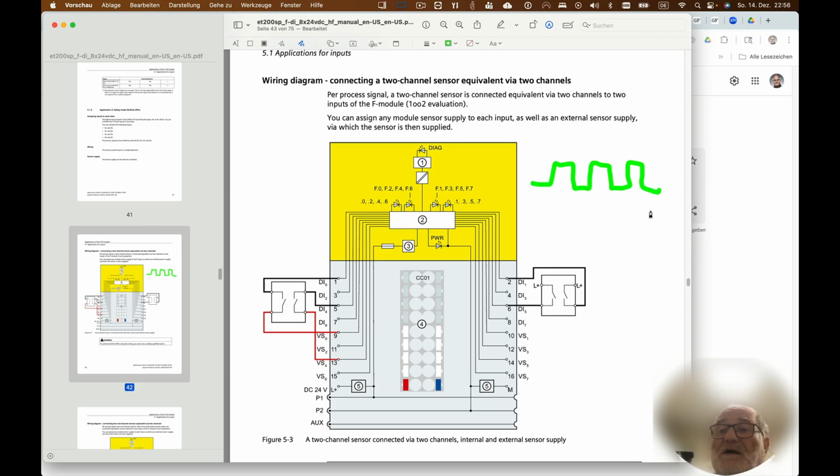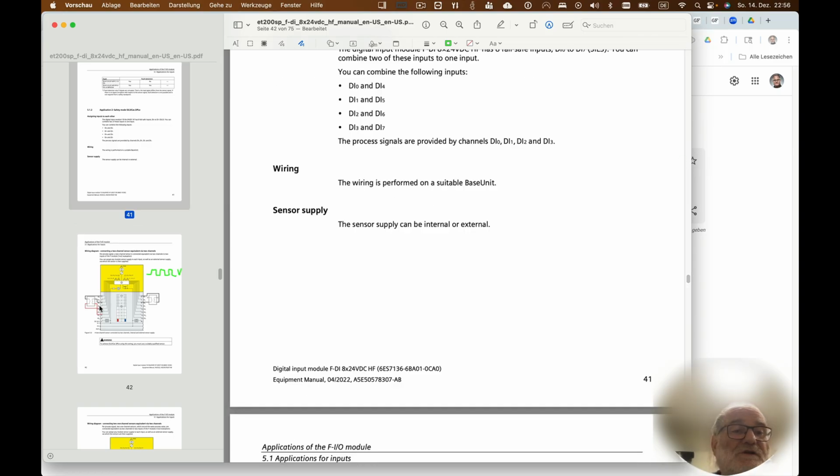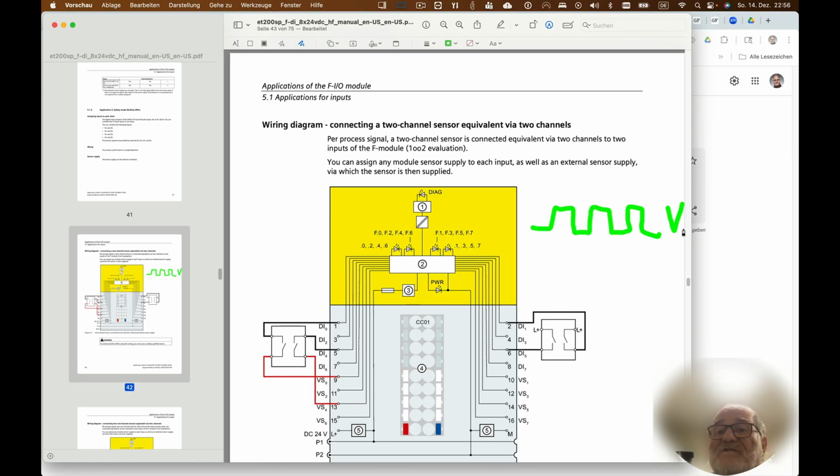So that's the VS0. And the VS1 is just the opposite way, like that. So this is how the input reads, this is how the input relates to the outputs. The VS0 is this one, and the VS4 is this one.